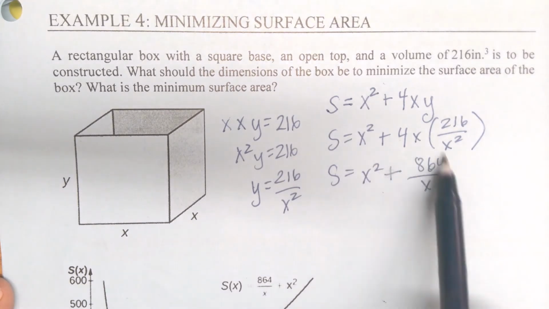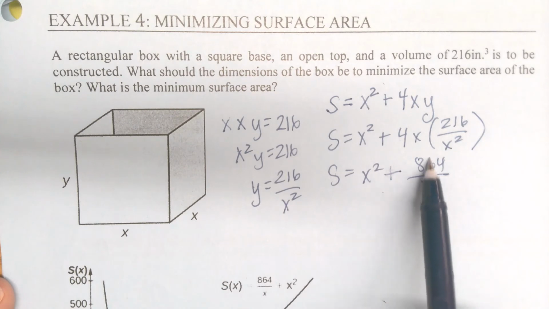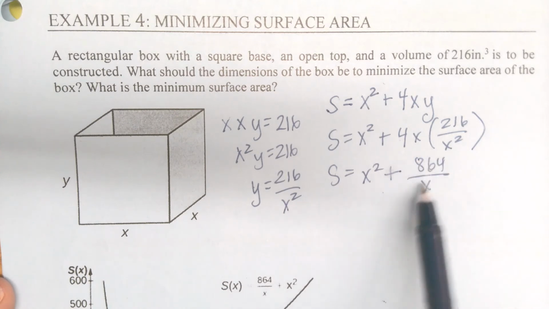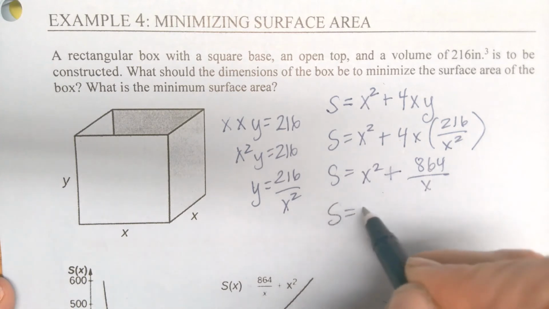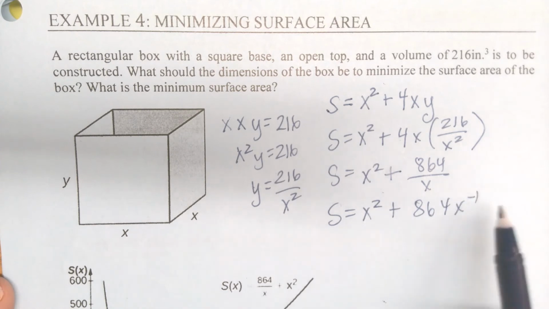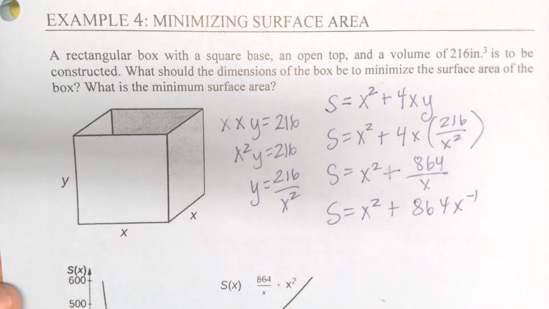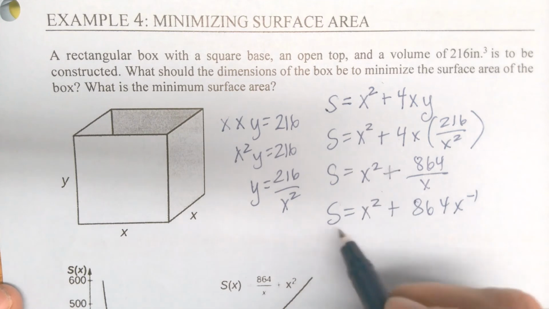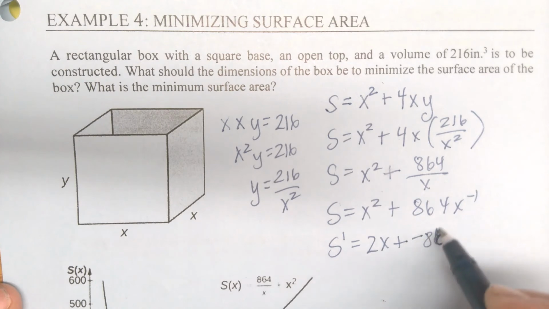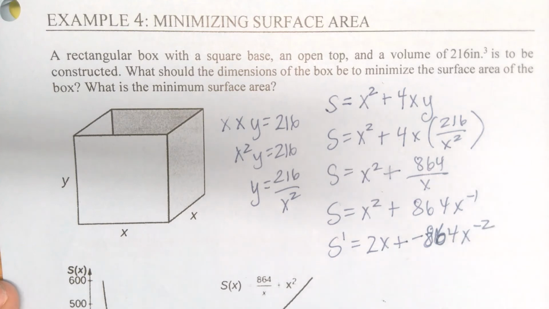Well, I talked about this before, and I don't know if you remember. It's not like you remember everything I say, but to take a derivative on this, which is what I'm going to have to do, it's going to be easier if I just rewrite that as x to the negative first power, and then my derivative is going to be easier to find. I can just do a power rule. So S prime is 2x plus negative 864x to the negative second.